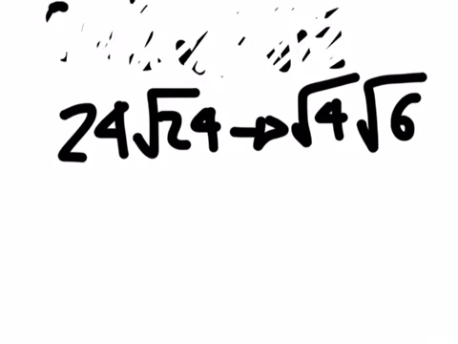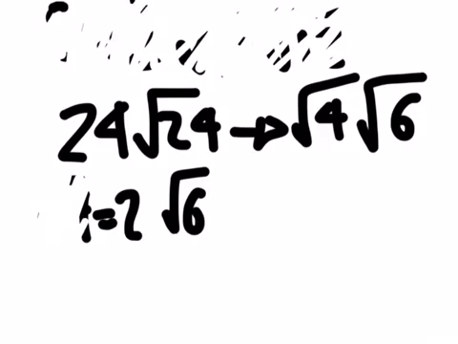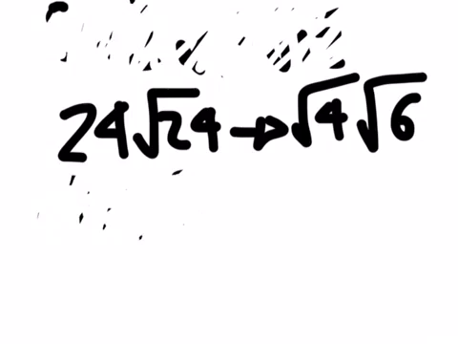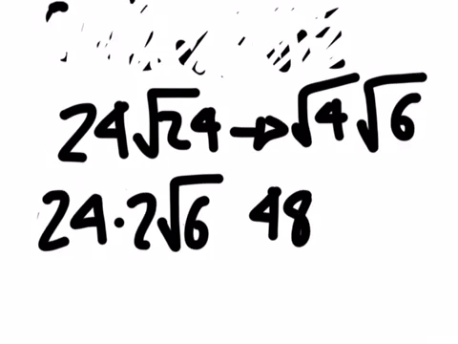Now, it is important to take into account that the square root of 4 equals 2, and the square root of 6 is not simplifiable, so we get an answer like this. We multiply 24 times 2, as 2 is the square root of 4, and the square root of 6 stays. Now, the answer is 48 root 6.